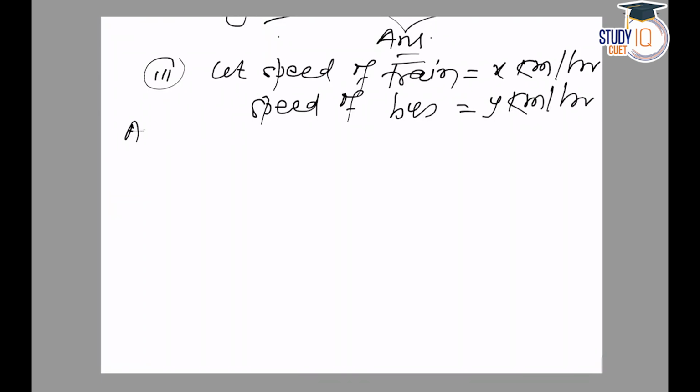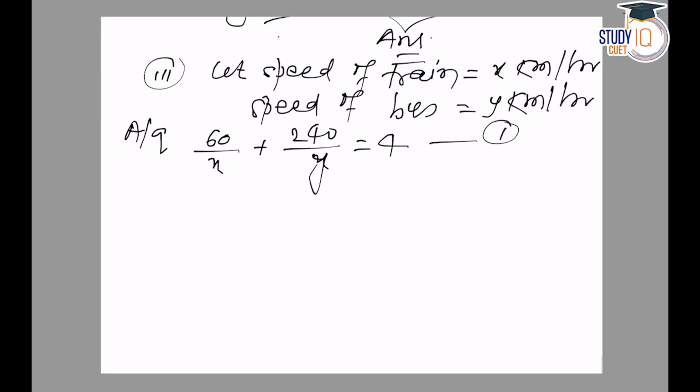So according to question, 60 by x plus 240 by y equals to 4. Here also we are using the formula speed equals to distance upon time. Let equation 1. Again, according to second situation, 100 by x plus 200 by y equals to 25 by 6.